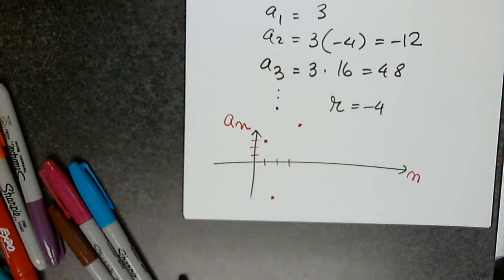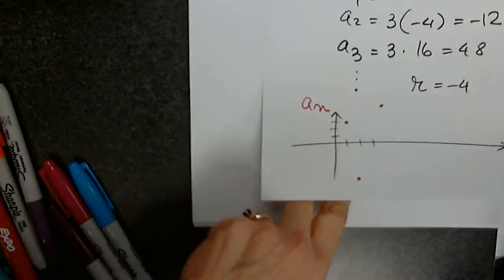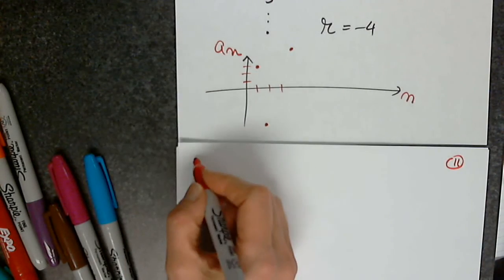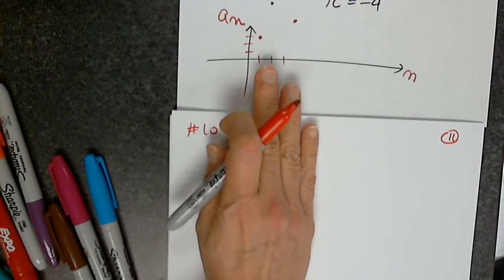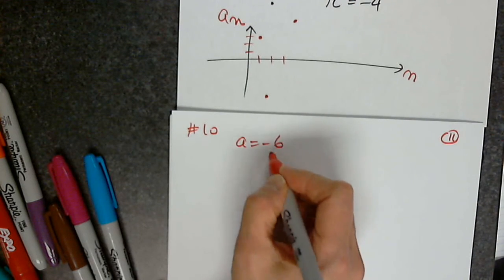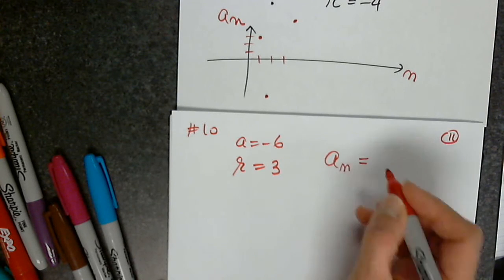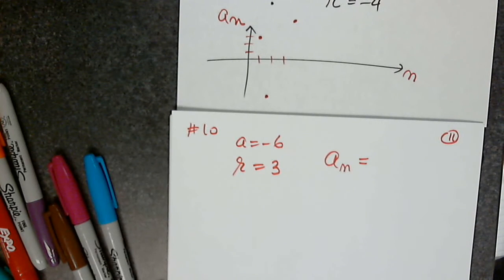Okay, very good. Find the nth term of the geometric sequence with given first term A and common ratio R. So we are looking at problem 10. We are given A equals negative 6 and R equals 3. They are asking us to find the generic term. The generic term is A multiplied by R raised to n minus 1.